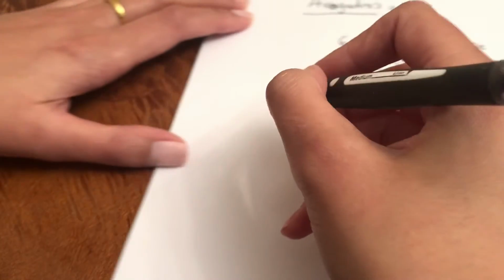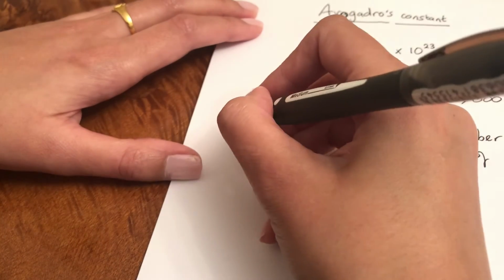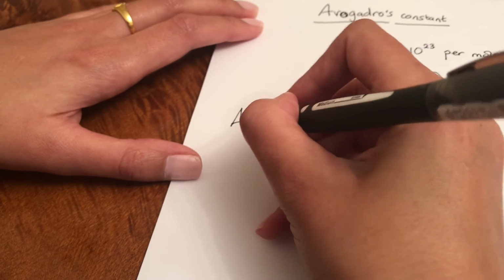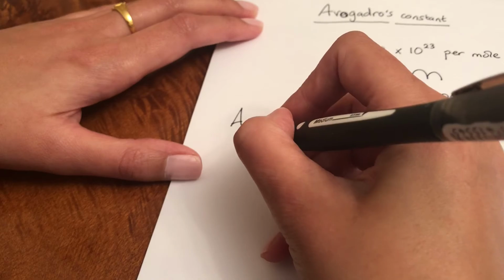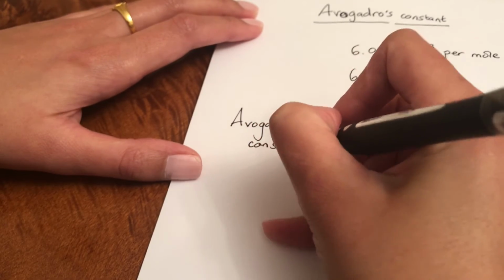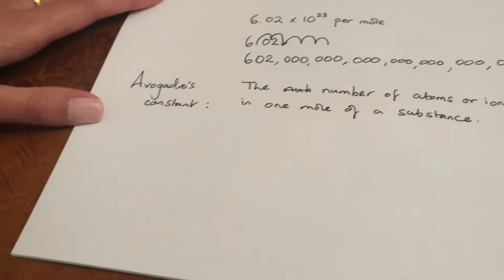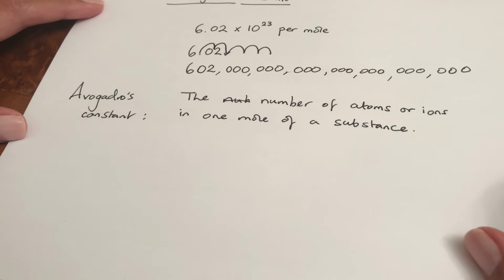And this is your Avogadro's constant definition. So this is the number of particles that are in 1 mole. The amount in moles can apply, as I said, to atoms, molecules, ions, and even electrons as well.